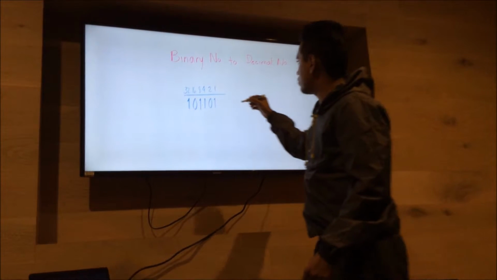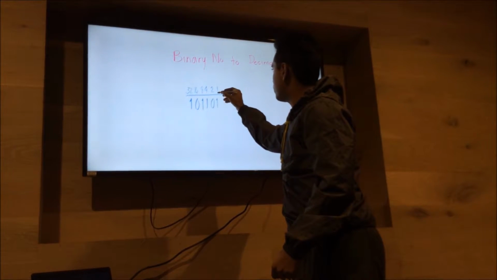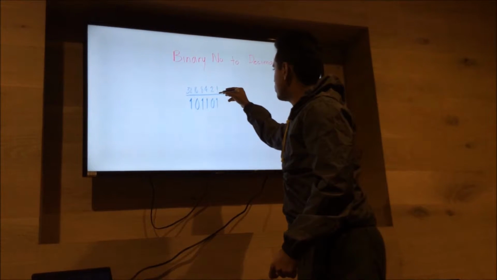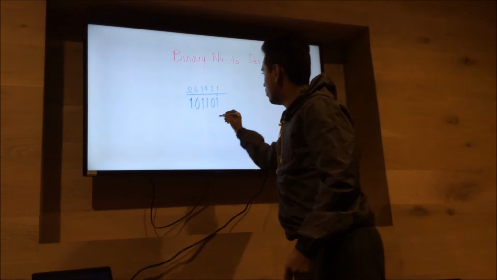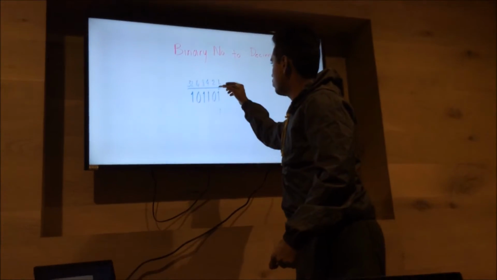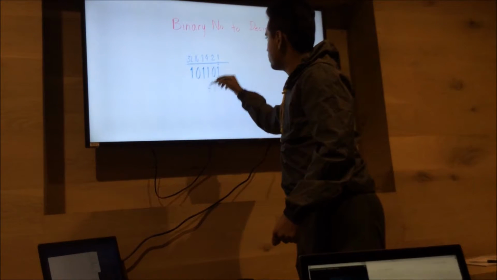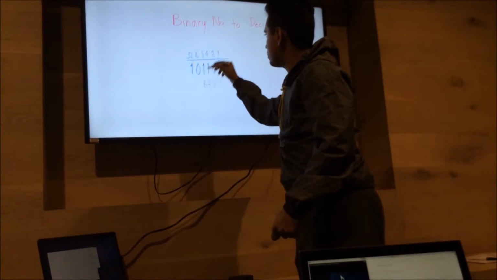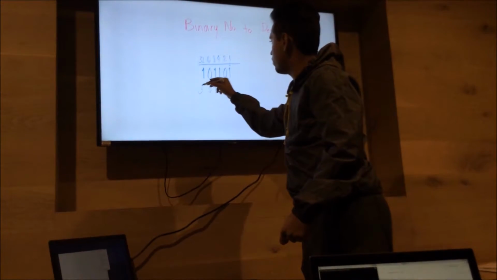Then we're just going to multiply the number which is below, here 1 by 1, will be 1, 2 by 0, 0, 4 by 1, 4, 8 by 1, 8, 16 by 0, 0, 32 by 1, 32.